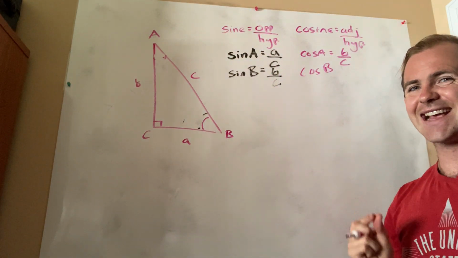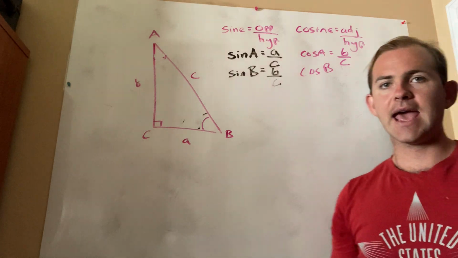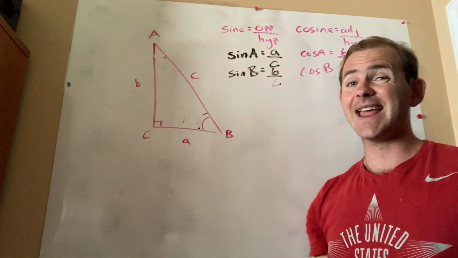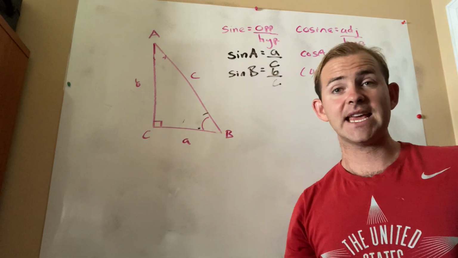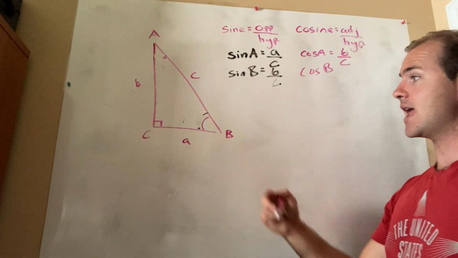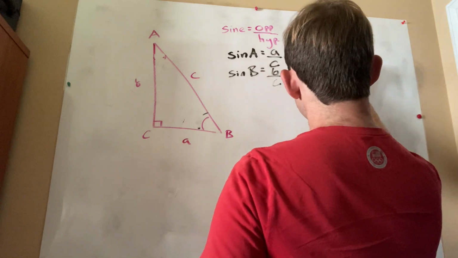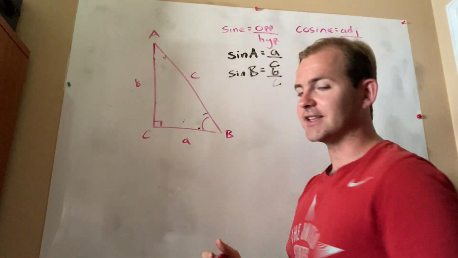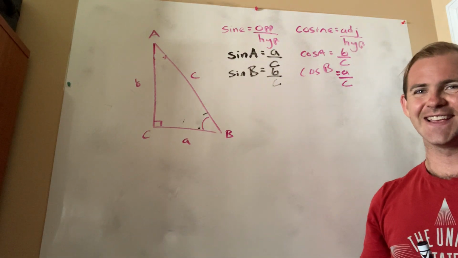Which side is right next to angle B? Again, it may look like we have two options because both C and A are next to it, but C's already taken as the hypotenuse, so A would be my adjacent. So the cosine of B would be little a over little c.